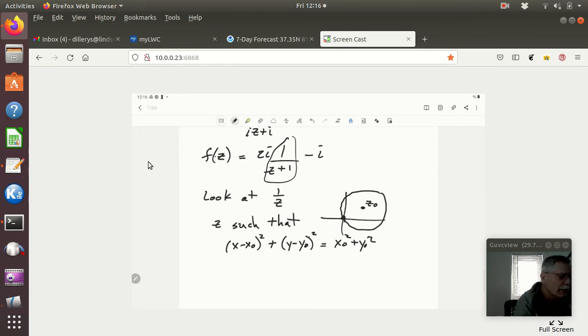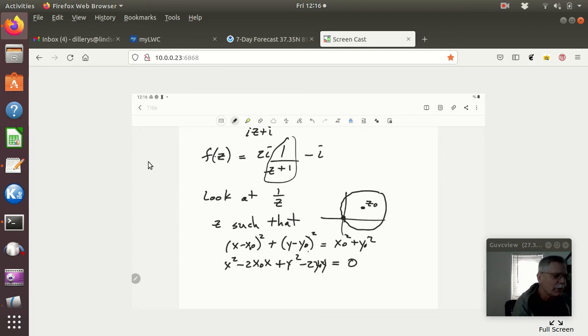Now if I multiply this out, I'll get my x squared, minus 2x0 x, and then a y squared, and minus 2y0 y, and that equals 0, because we got a positive x0 squared and a positive y0 squared, and I subtracted those from both sides.